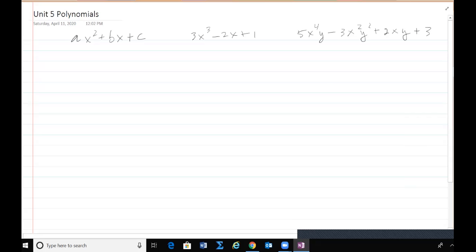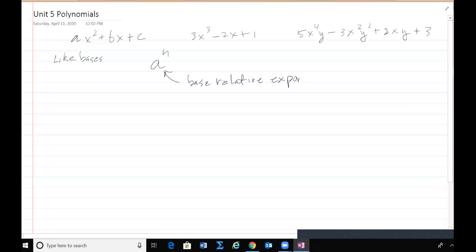Now, to start off, we're going to just work with some rules for exponents. We have several rules for multiplying bases that are the same. So when we have like bases. Now, what is a base? Well, when you have an expression like this, a to the n, the a is the base relative to that exponent.